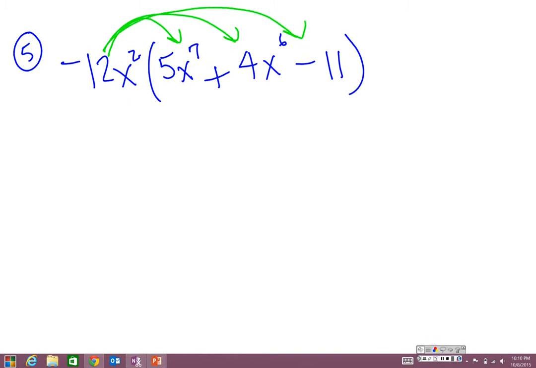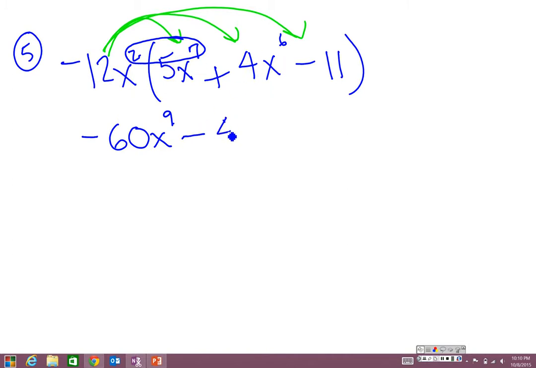Negative 12x squared times 5x to the 7th. I know that negative 12 times 5 is negative 60. Now when we're multiplying variables, we add the exponents. So when we add 2 plus 7, we get 9. Again, we multiply negative 12x squared times 4x to the 6th. A negative times a positive is negative.